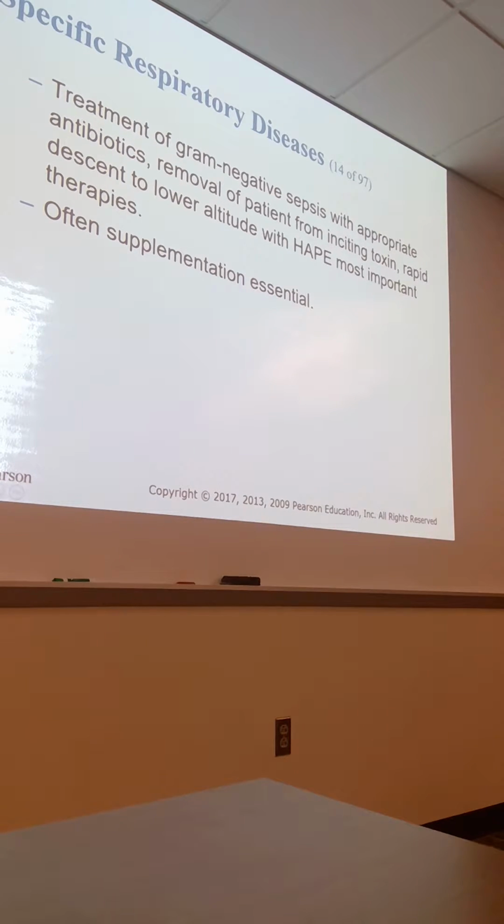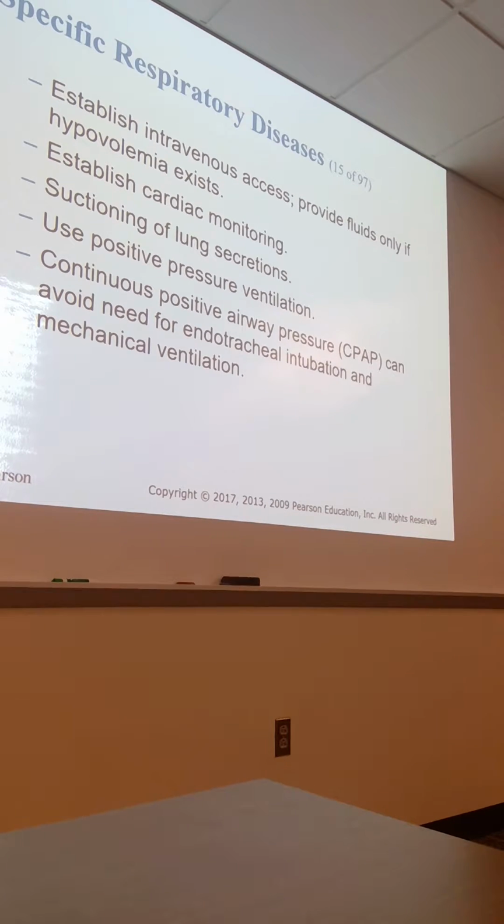All right, gram-negative sepsis is most common. There's an endotoxin in the cell wall of the bacteria that damages capillary endothelium. If it's high altitude pulmonary edema, descent is critical. They still treat them with Lasix and things like that, maybe even steroids, but if it's high altitude pulmonary edema, then you need to get them to descend.